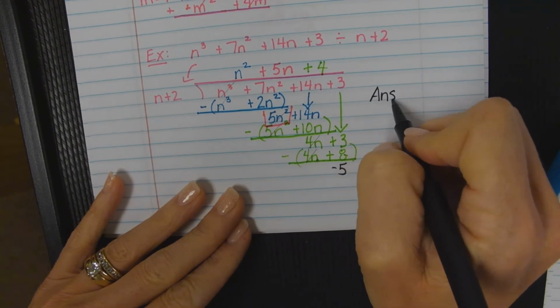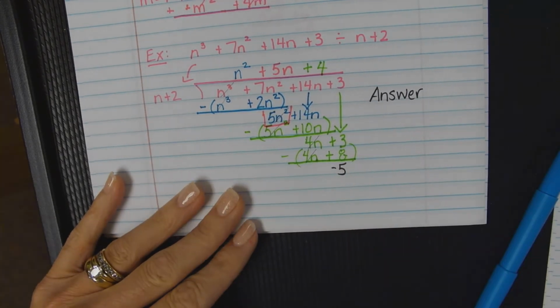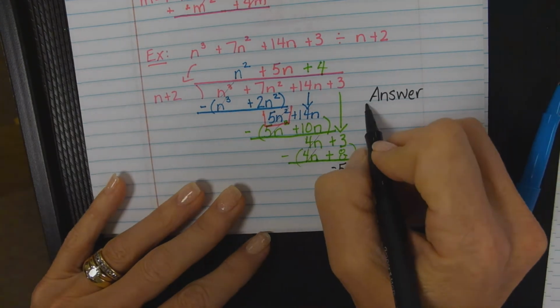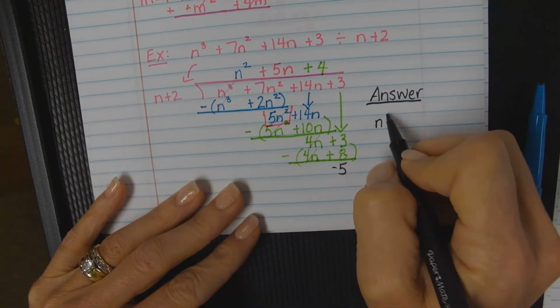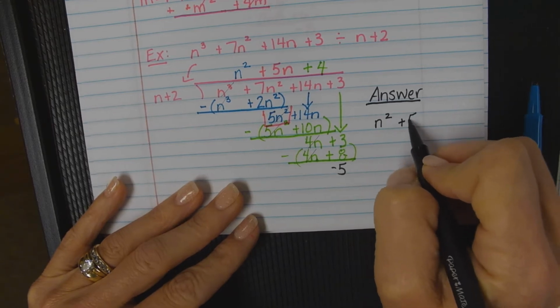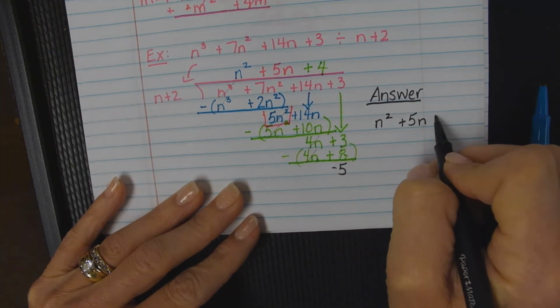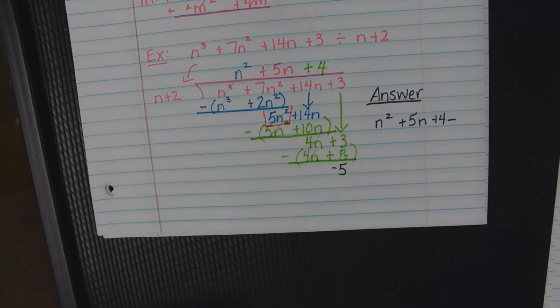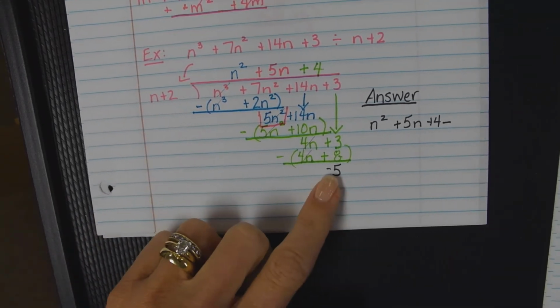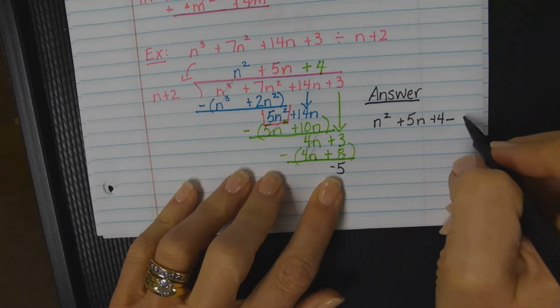Now, your answer. Can y'all see this when I'm writing? Okay. Needs to be written like this. N squared plus 5n plus 4 minus, where am I getting my minus from? The negative 5.